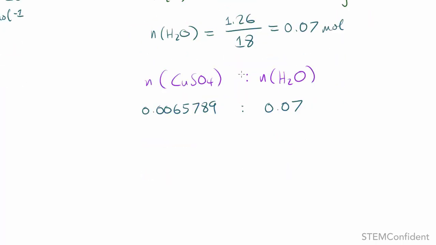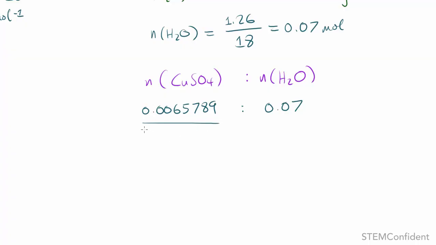So we want the value on the left hand side for the CuSO₄ to be 1, and that will enable us to answer the question. How do we get 0.0065789 to be 1? If we divide it by itself, we get 1, so that's exactly what we're going to do.